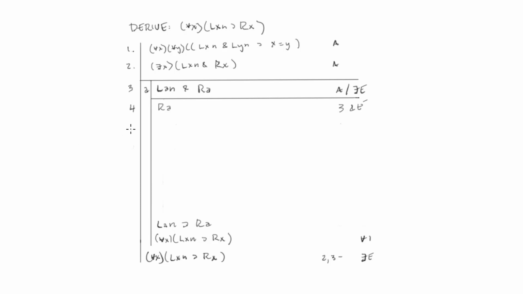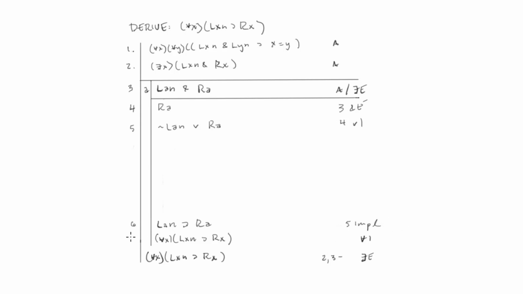And then I do something creative like disjunction introduction, tilde LAN, wedge RA. That's from line 4, wedge introduction. And then I do implication. Actually, this takes me right down here, implication. So I drop the tilde and I turn the wedge into a horseshoe. That's implication on line 5, 5 implication.